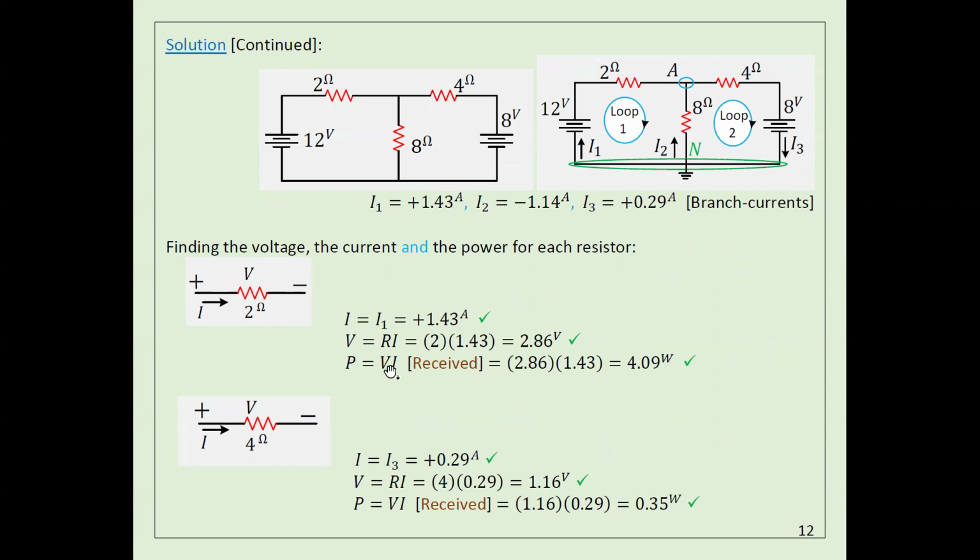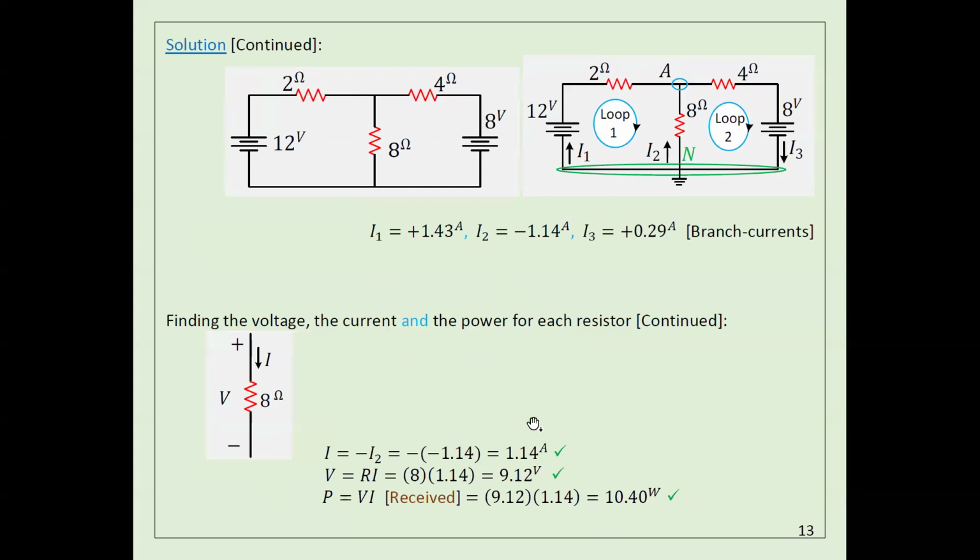You just multiply I times V. So this element here is receiving this amount of power. I just multiplied I times V. Same thing for this one here, I times V, this amount of power. Also, I can calculate the power here, I times V.